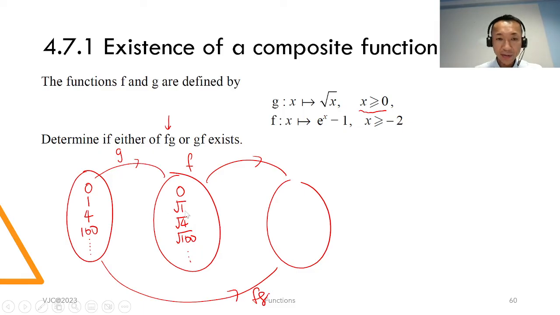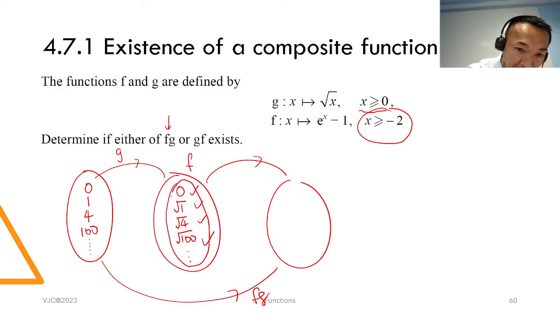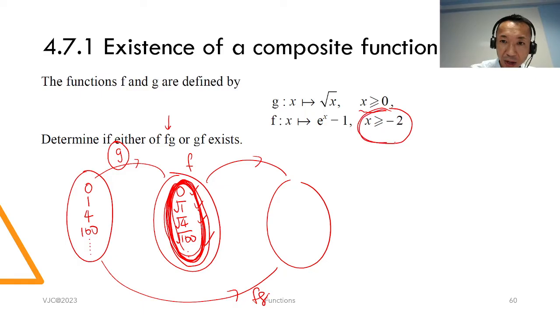Do all these elements here have an image under F? The answer is yes. Why? Because F can take on values greater than or equal to -2, and all of them have images. So I'm going to say this now: as long as the range of G is a subset of the domain of F, then we are good.